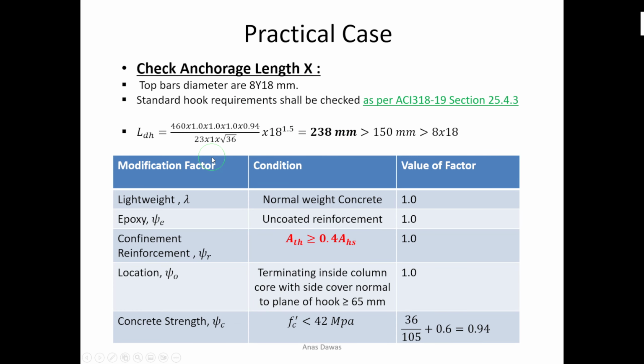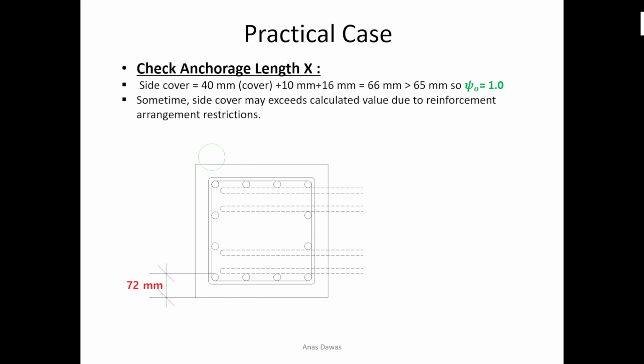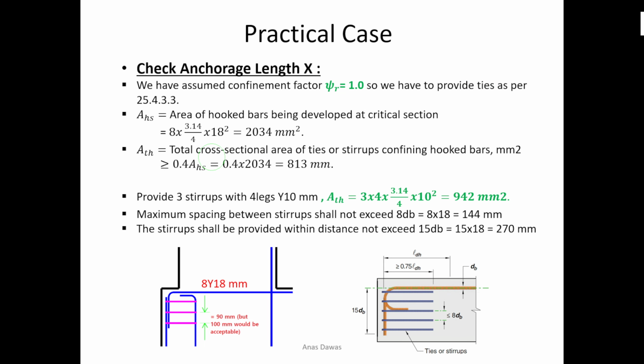But in our case, we have to make sure whether 15 centimeter spacing is enough or not. If I need to provide the same tie type, with the same number of legs and diameter, I have to reduce the spacing from 15 centimeter to 9 centimeter to reach this amount of confinement steel.